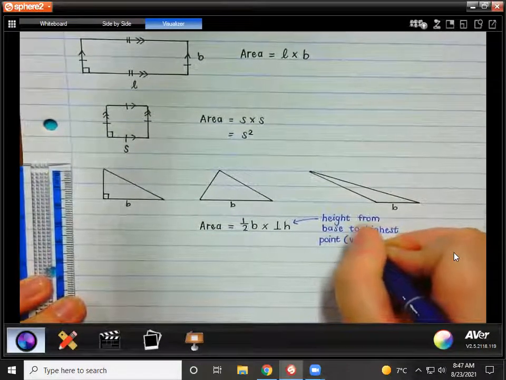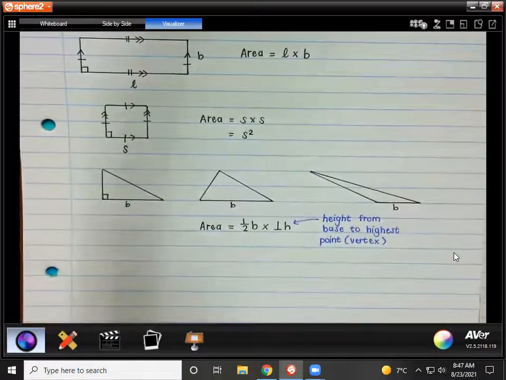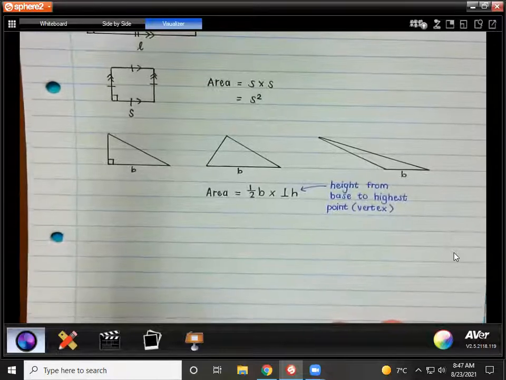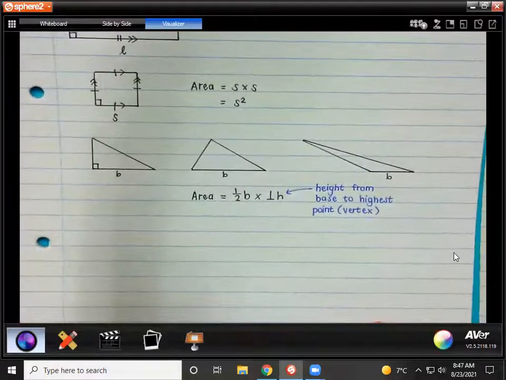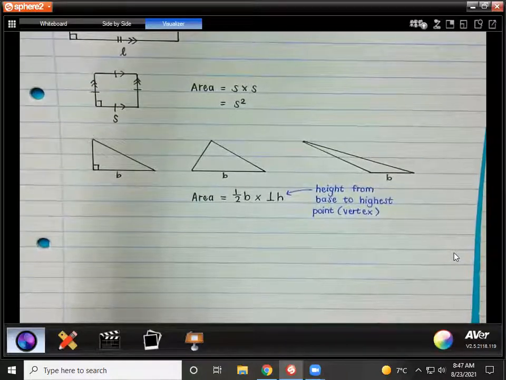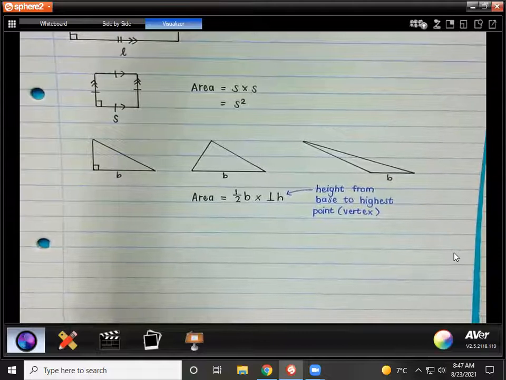And just while we're talking about terminology, a vertex, that's actually the correct term for a point of a triangle, all right, is a vertex. So the perpendicular height is the height from the base of the triangle to the highest vertex, the highest point from that base.